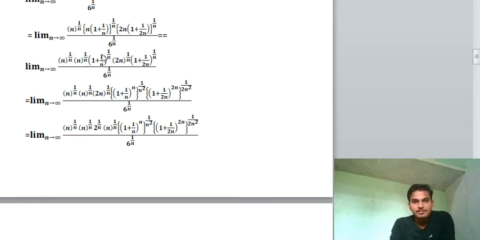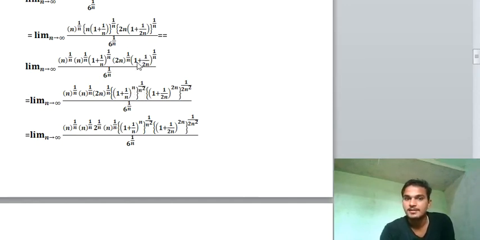You can see this is (1 plus 1 by n) to the power 1 by n. So we can write it as (1 plus 1 by n) to the power n, whole to the power 1 by n square, because when we multiply n with 1 by n square, we get 1 by n. So we can write (1 plus 1 by n) to the power 1 by n as ((1 plus 1 by n) to the power n) to the power 1 by n square.